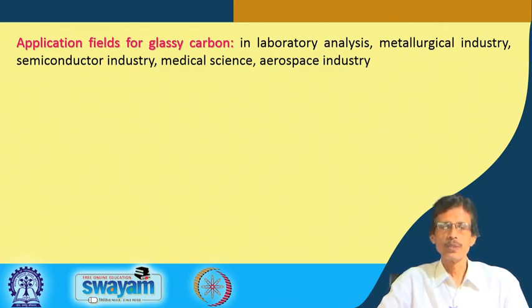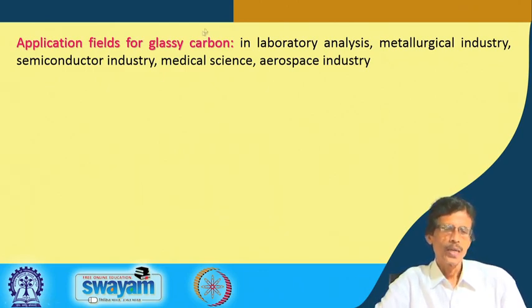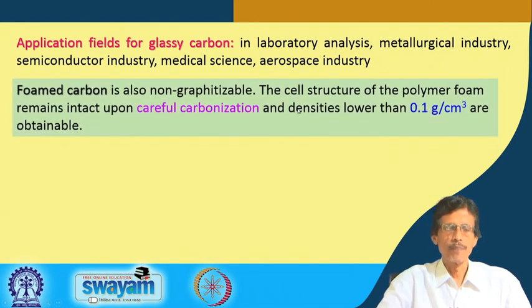Then the metallurgical industry also benefits from it. The semiconductor industry can also use the glassy carbon or the foamed carbon for their applications. Then there is medical science, and also the aerospace industry, because this material can be utilized for making aerospace material for aeroplanes or other models. It is a component of the aeroplane or the airship or the airspace material.